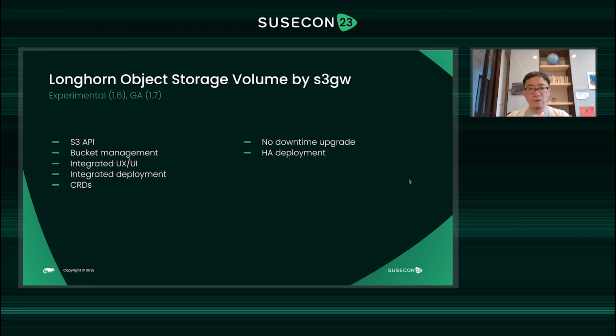If the volume is an object storage volume, you have a bucket engine provisioned as well, and of course the corresponding custom resource. And for 1.7, we target GA, so no-downtime upgrade and HA deployment to make sure the object storage volume works well in production environments.